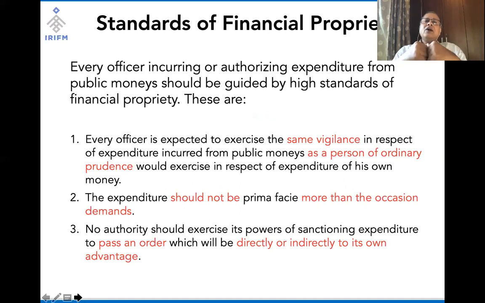What does this mean? If I'm a government servant and I've been entrusted to spend, let's say, 10 lakh rupees for procurement of computers, and I have to buy, let's say, 10 laptops, which is necessary for the working of my office, I'm supposed to exercise the same prudence as a person of common prudence would exercise in his judgment.